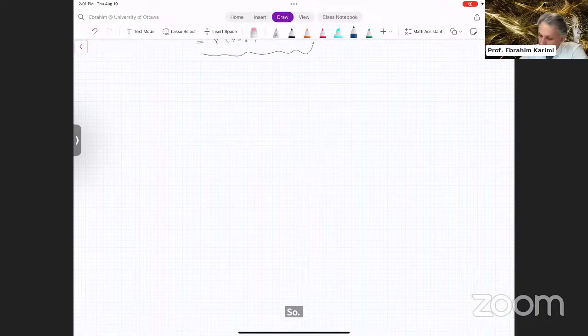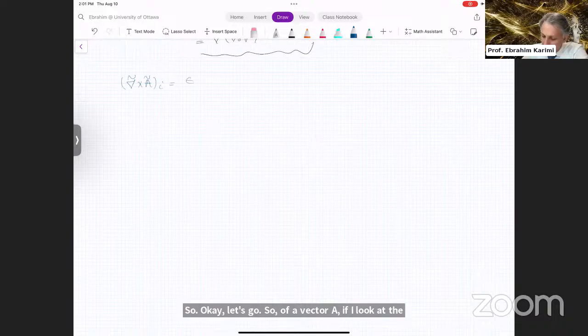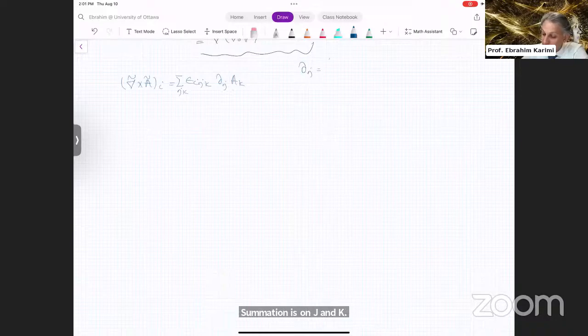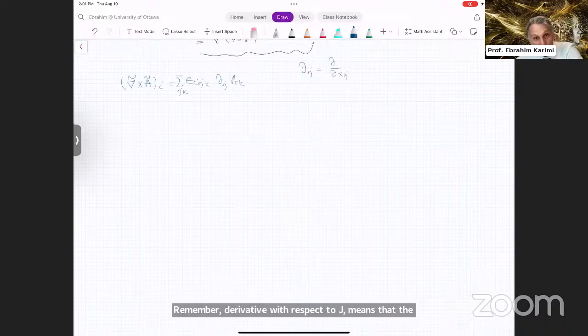Curl of a vector A: if I look at the i-th component, it will be epsilon ijk, derivative with respect to j, and then A_k. Summation is on j and k. Remember, derivative with respect to j means the derivative with respect to x_j, okay?